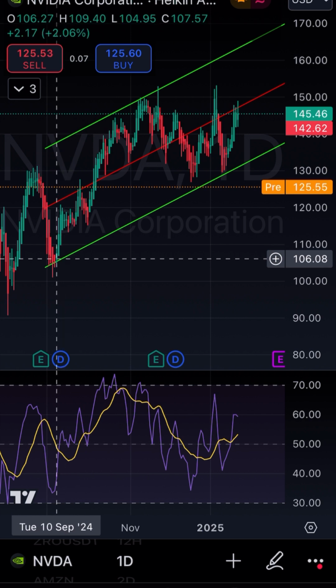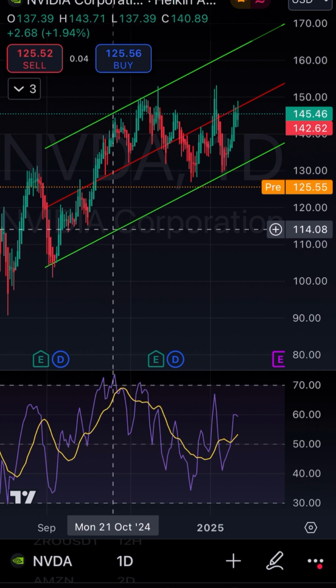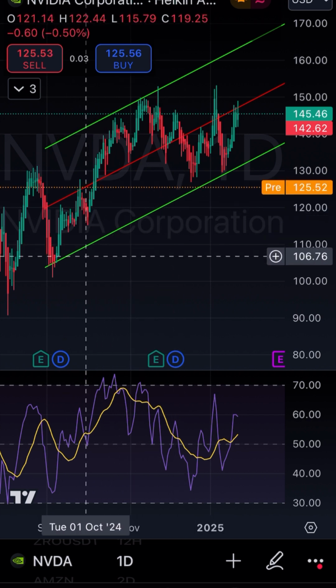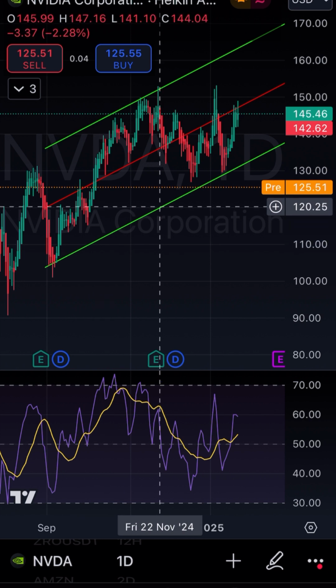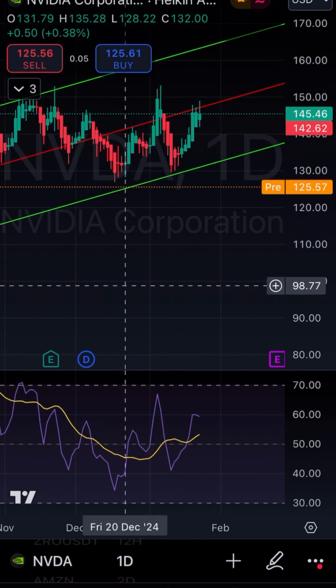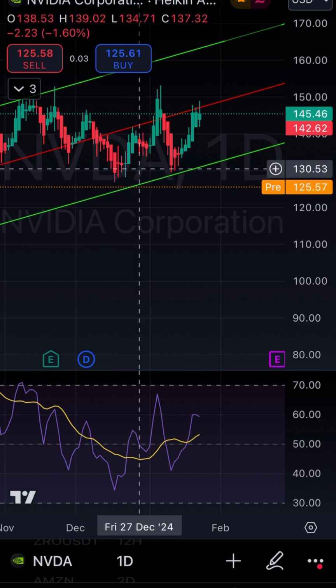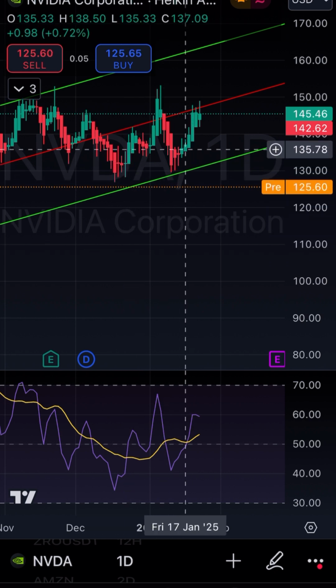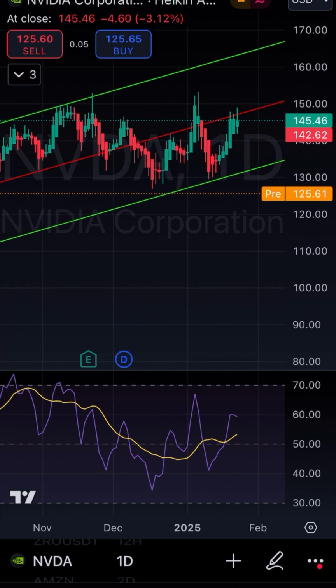So you could get in right there. And it's the same thing. If you rode it out from here, you'd still be in profit because it's ascending upwards. So you could have got in here. It touched again right around here. You could have come in here, or you could have come in here.